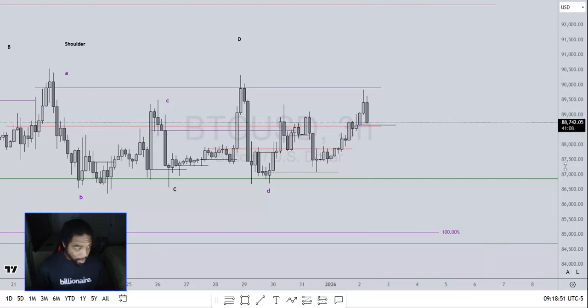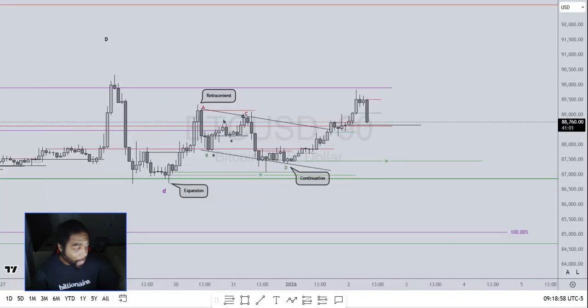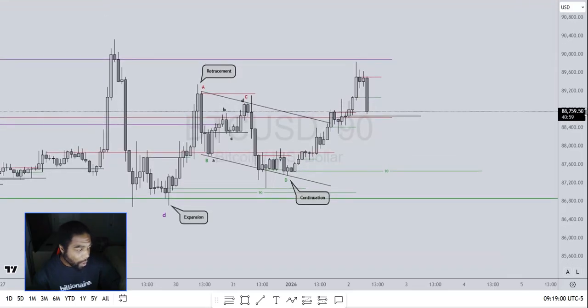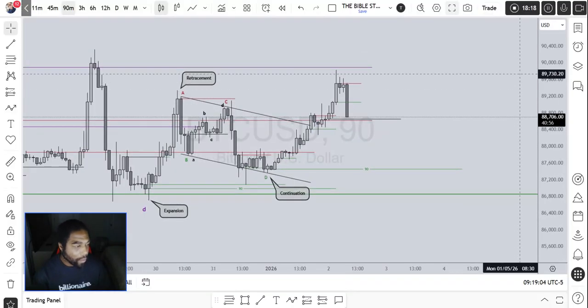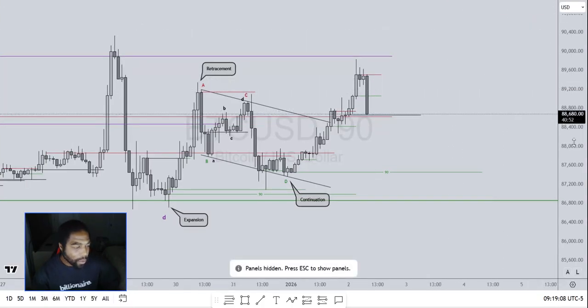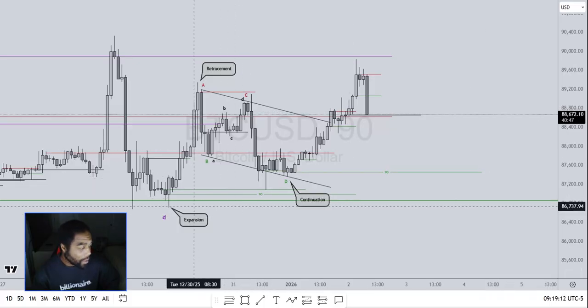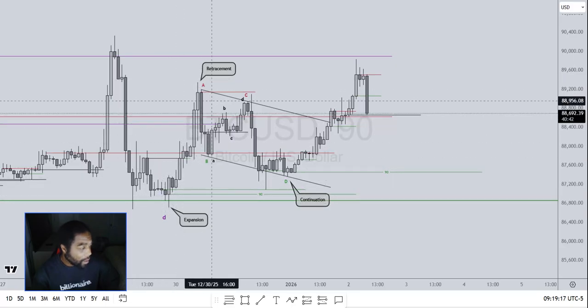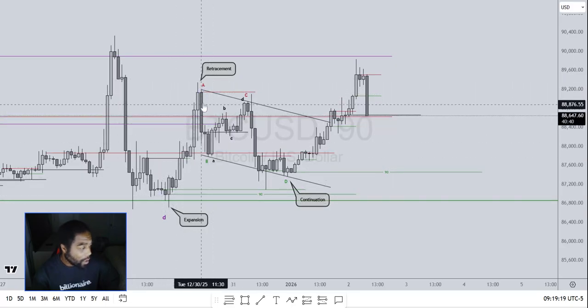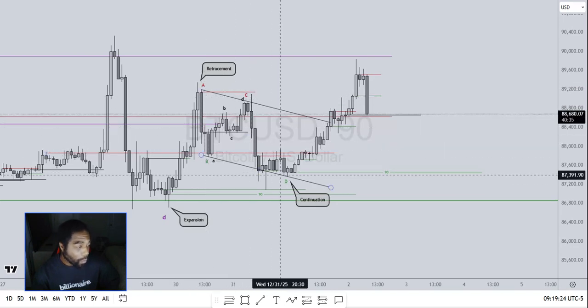We'll see. So inside of this 3-hour time frame, we scale down to the 90 minute to understand what price is doing right now. As you can see, we want to read that bullish price action from this level. On the 90 minute, we got this expansion here, then price sold here. We got the start of the retracement. So we read the retracement.